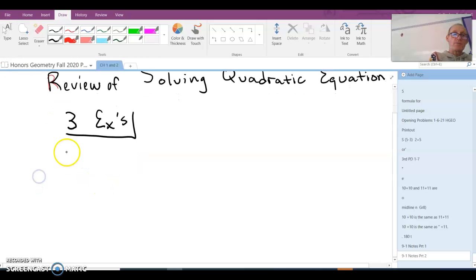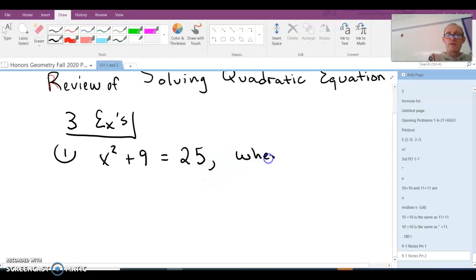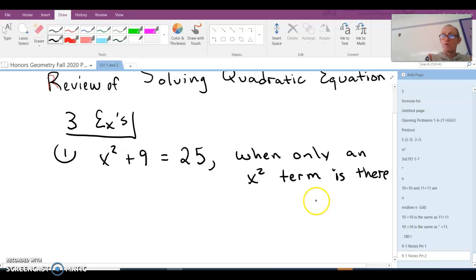The first example is x squared plus 9 equals 25. Now, when only an x squared term is there, okay, isolate it, then take plus or minus square root both sides.